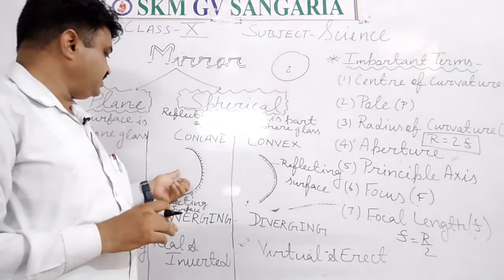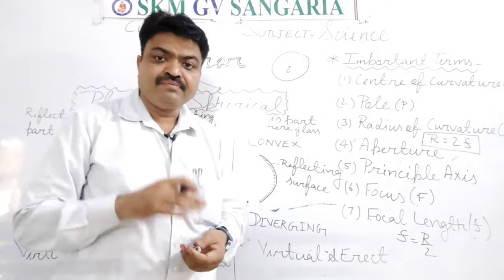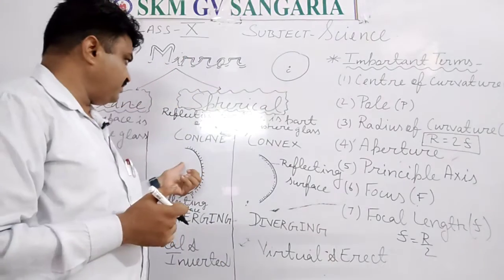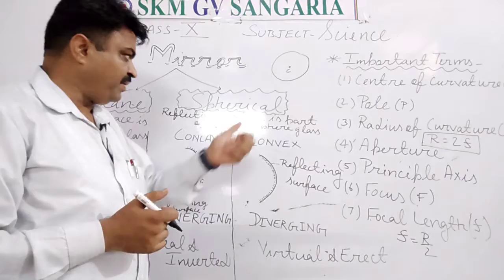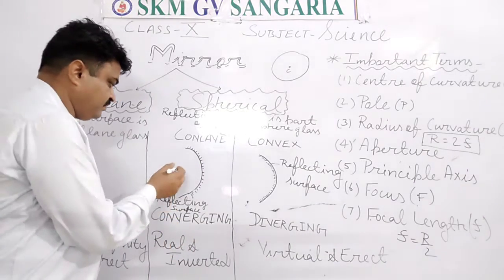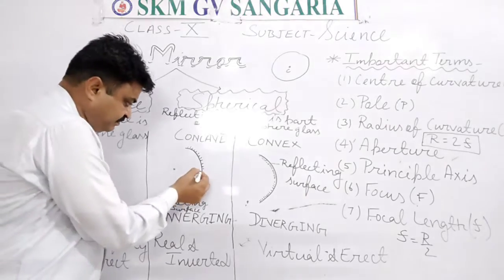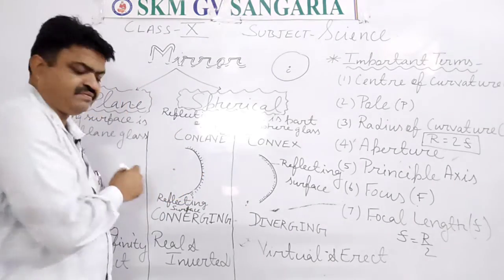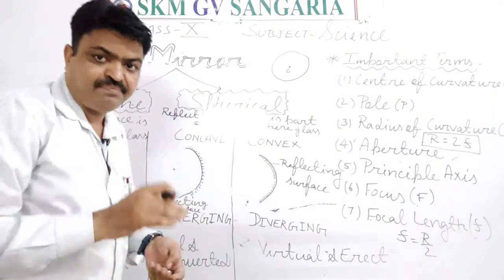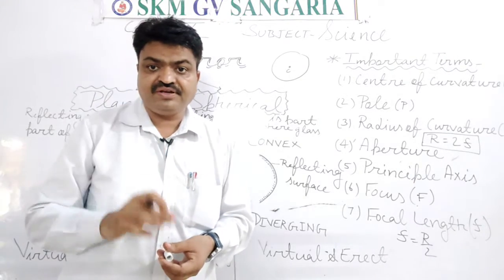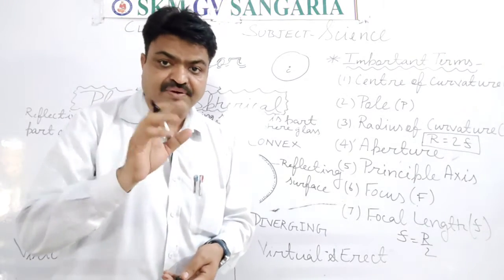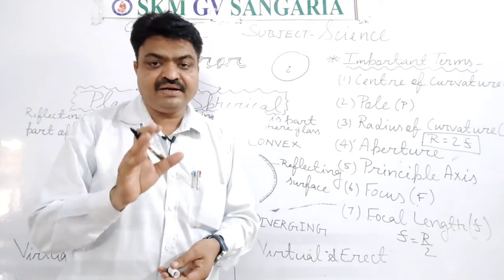It is the point that is the part of the hollow sphere, meaning the central point of the hollow sphere from which we obtain the spherical mirror.